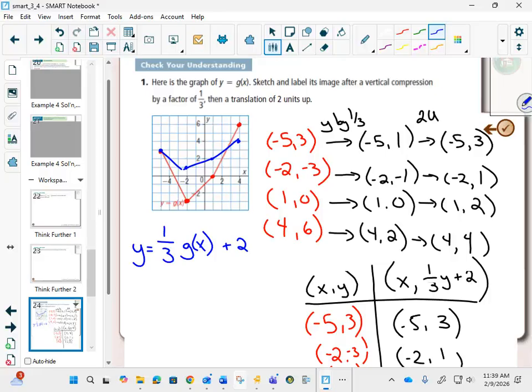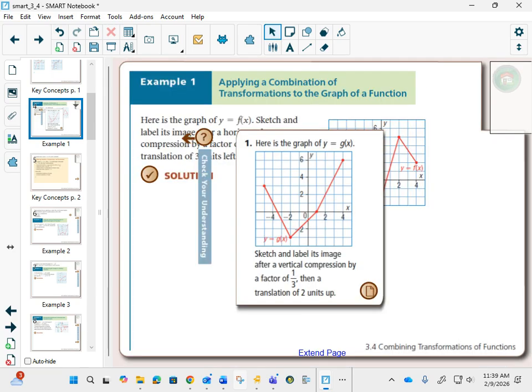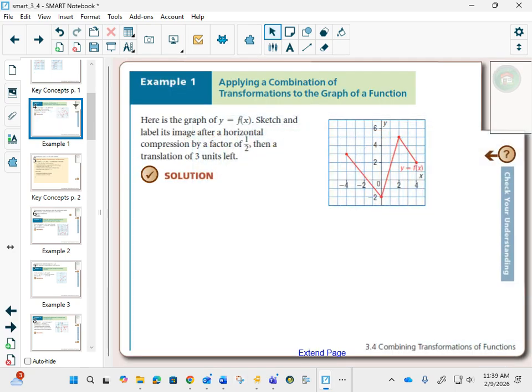Now I don't usually do this, but there's something important that comes up when we do the actual example that they've done as well. So you don't have to write down as much of this. We go to their example 1. Move this back off to the side. We're going to do this one as well.